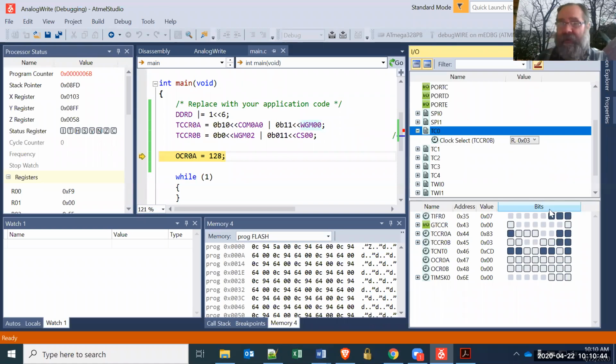So again, in interest of debugging, you can go to your IO, click on timer 0, and say 10, 0, 11. That makes sense.